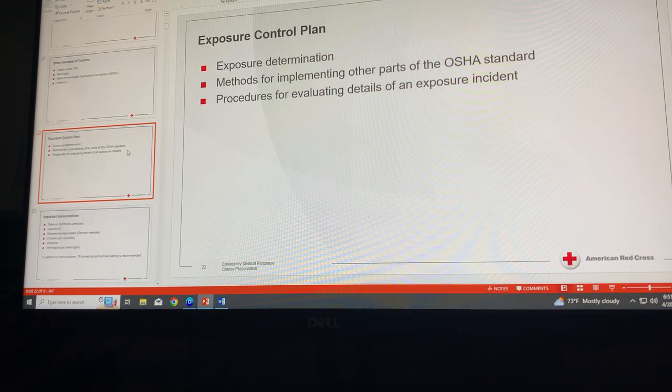The exposure control plan should include exposure determination, methods of implementing other parts of the OSHA standard, and procedures for evaluating the details of an exposure incident. The exposure control plan guidelines should be available to employees and should specifically explain what they need to do to prevent the spread of infectious diseases.